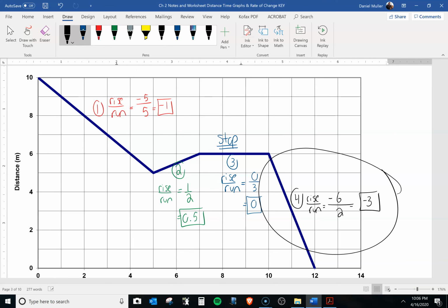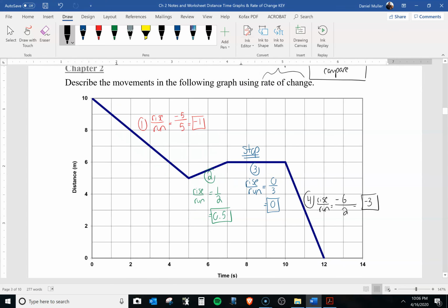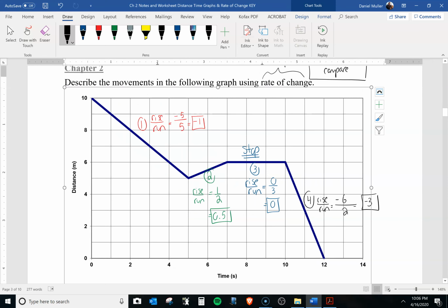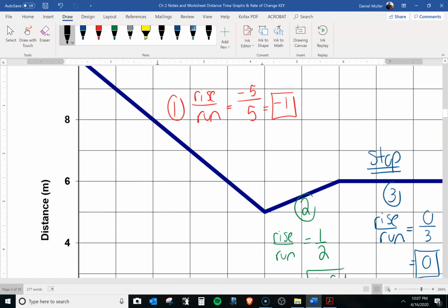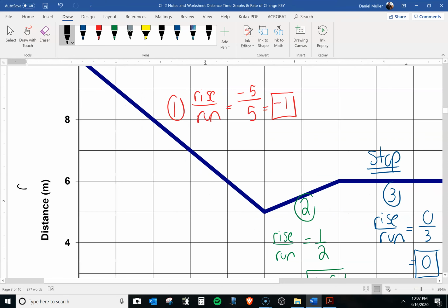So I want to use all of that when I describe. The question asks, describe the movements, but we want to use the slope. So let's say that this here is our distance from home.